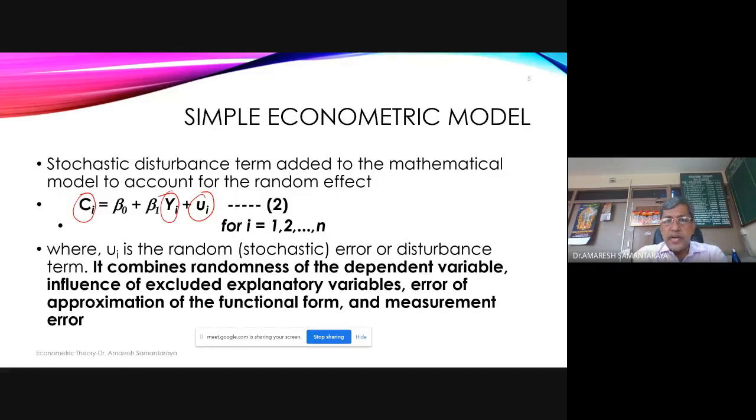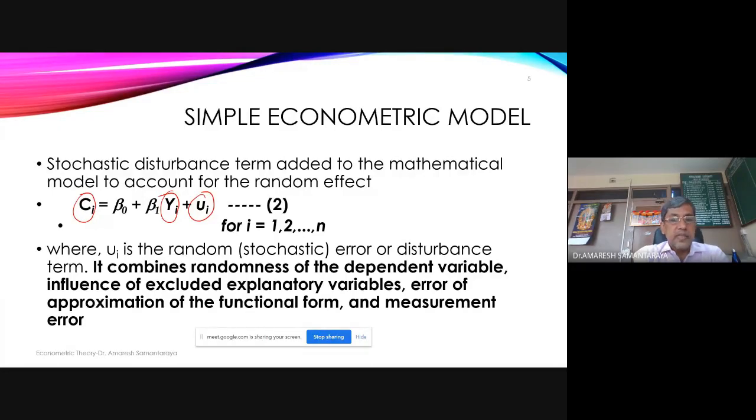Now, what does this Ui, this stochastic error term, capture? It basically represents the randomness of behavior, randomness of individual behavior. This randomness comes from various aspects. Part of the randomness comes from the random impact of several explanatory variables which are not captured explicitly in the model.